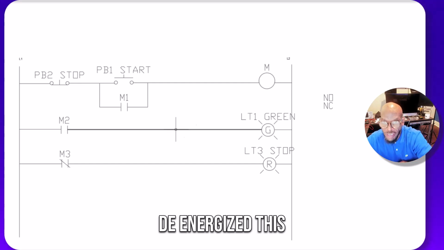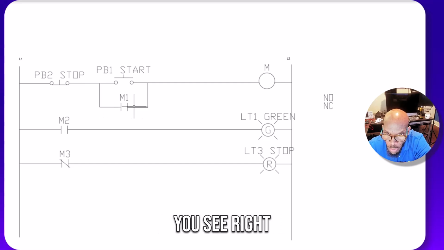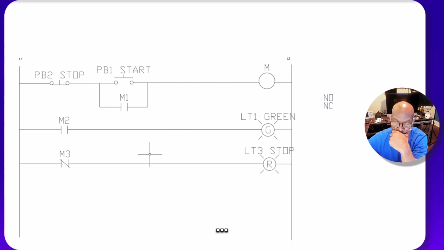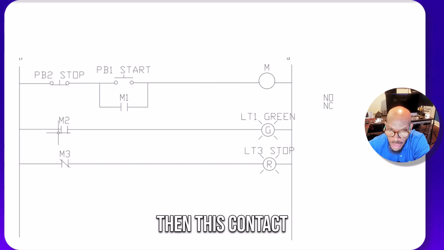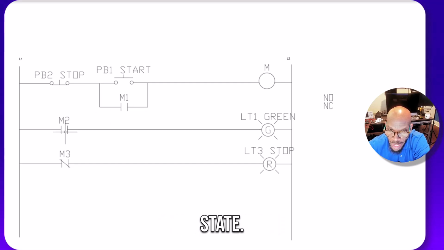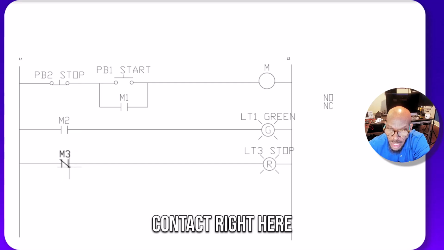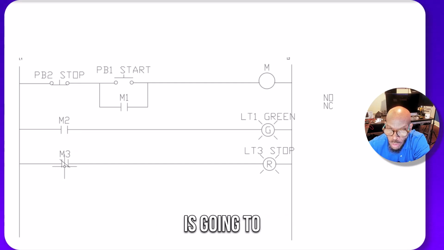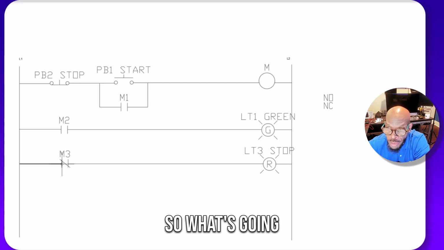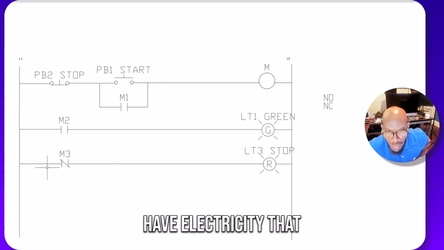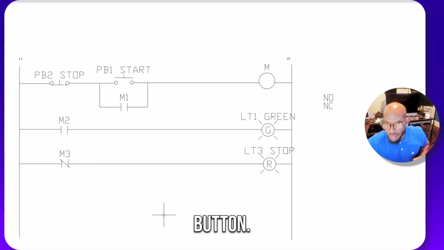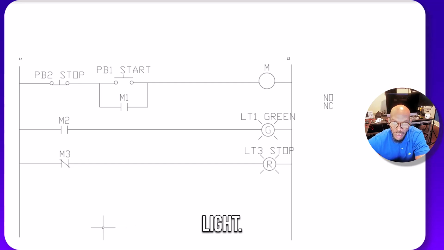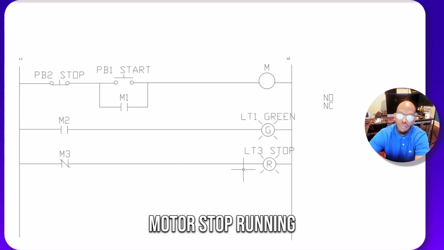When this coil de-energizes, this goes back to the state that you see right here, and this contact goes back to that same state. Then this contact right here is going to go to the opposite state. So electricity is going to flow through here and light the stop light, and that's going to let people know that the motor has stopped running.